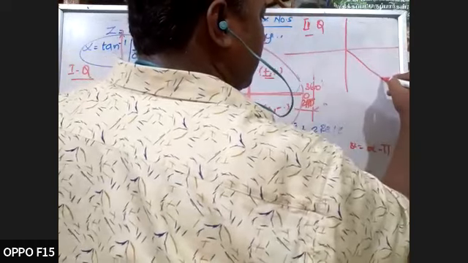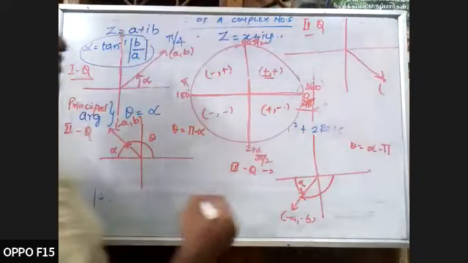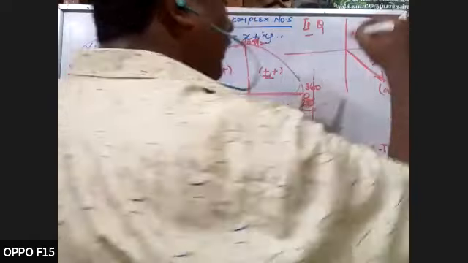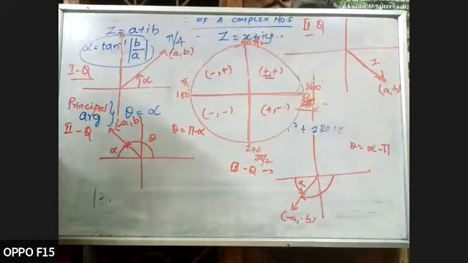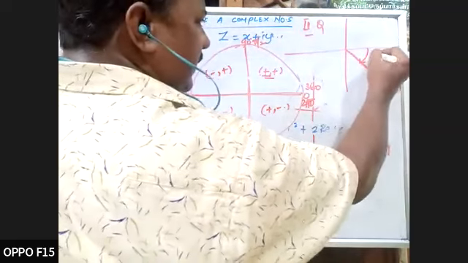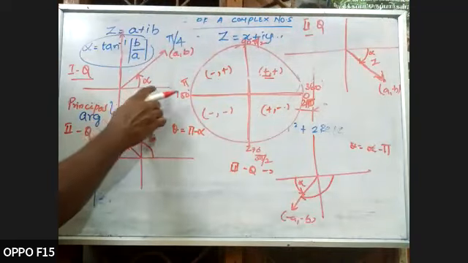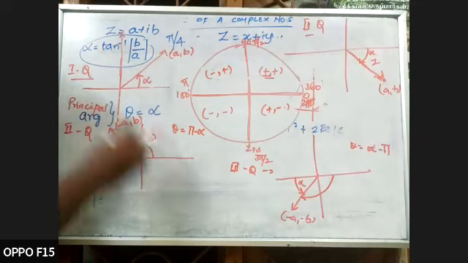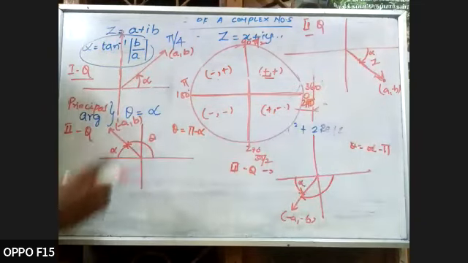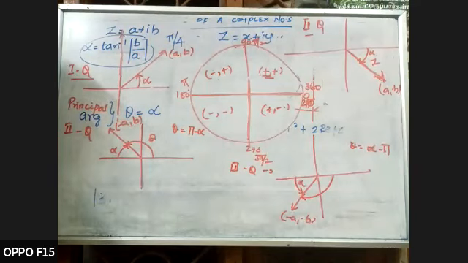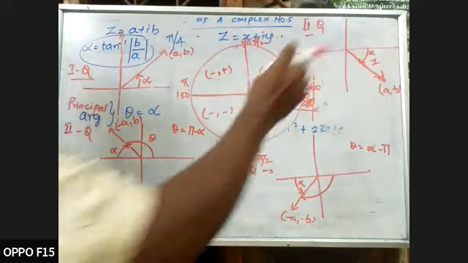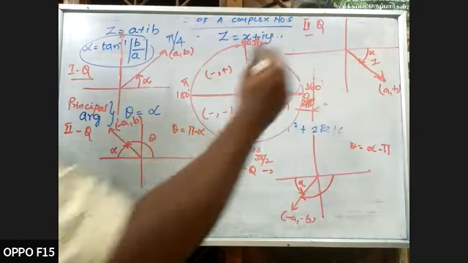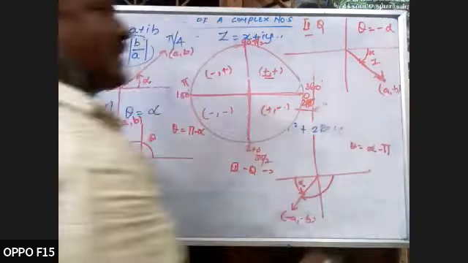Your values become positive and negative, a comma minus b. Here is your z. How will the argument be, from the x axis to this one? We go from here, alpha, in reverse. In the first quadrant it was in the clockwise direction. Now it changed to the anticlockwise direction. Am I right? So first anticlockwise, second clockwise, right? Are you staying awake? So this changed to the clockwise direction. So your principal argument theta is equal to minus alpha.